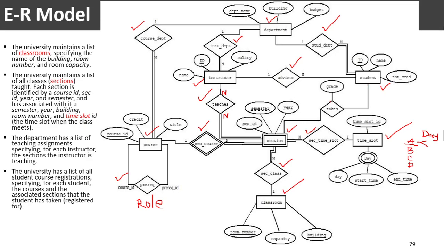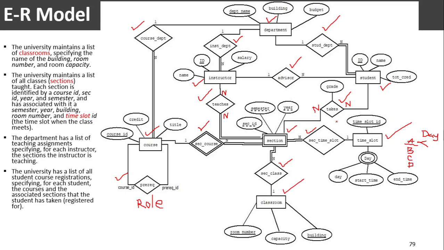So according to this problem statement, we have the relationship between student and section, and this is takes. So the student is registering for, or taking, the section, right? One student may register for more than one section, and one section can be registered by more than one student. So this particular relationship is many to many.